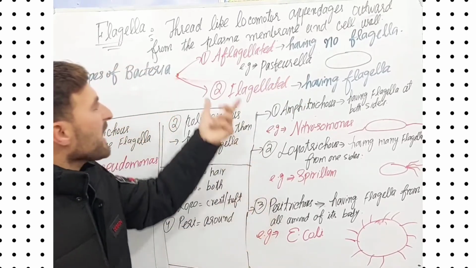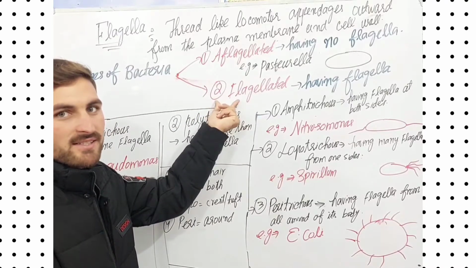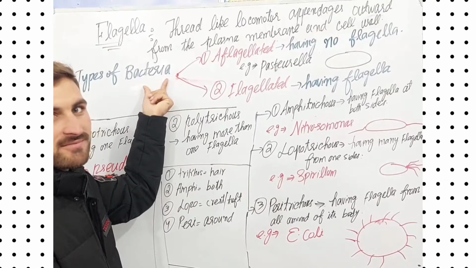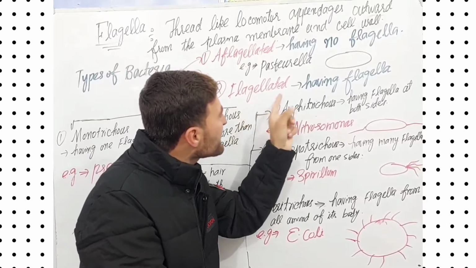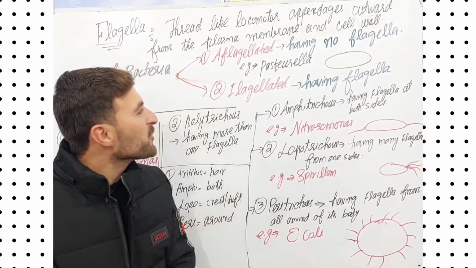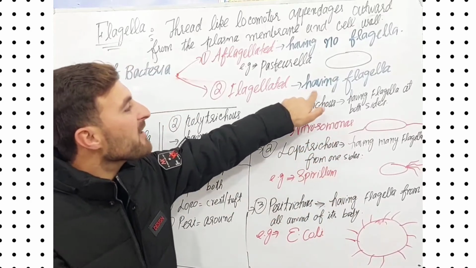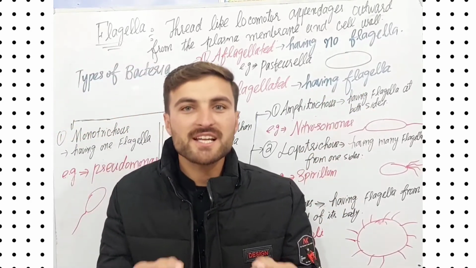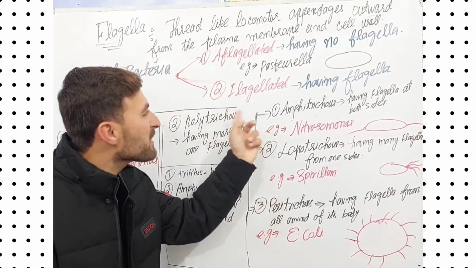After discussing aflagellated bacteria, let's proceed to the second type of bacteria on the basis of flagella, that is flagellated bacteria. So what are flagellated bacteria? They have flagella. So those bacteria which have flagella will be termed flagellated bacteria.